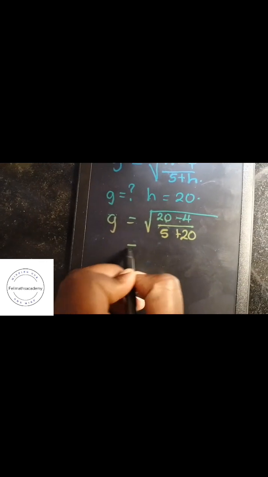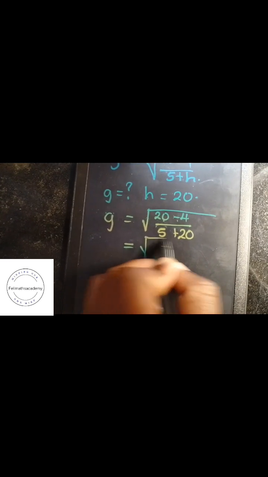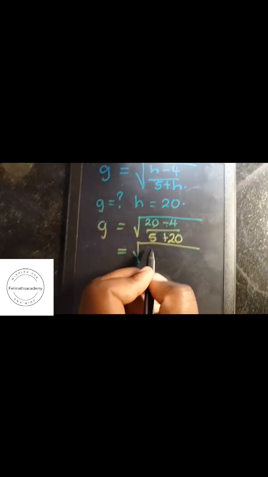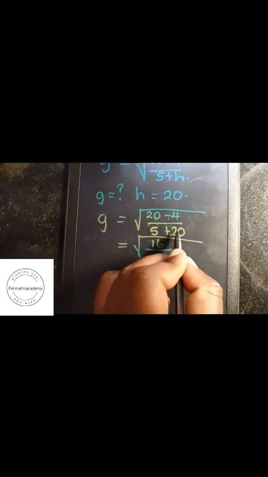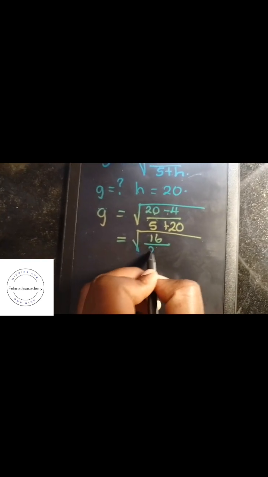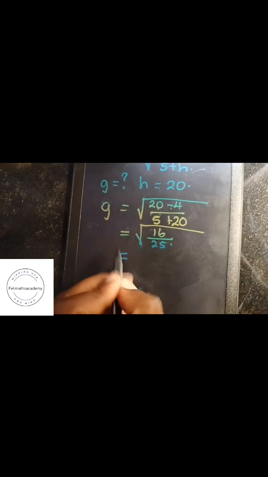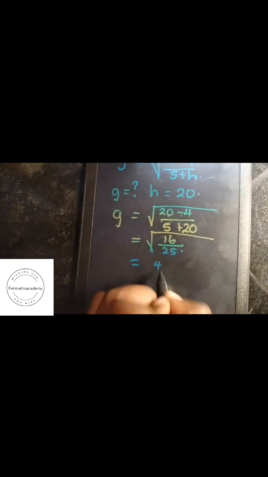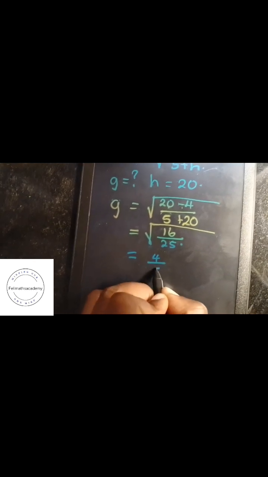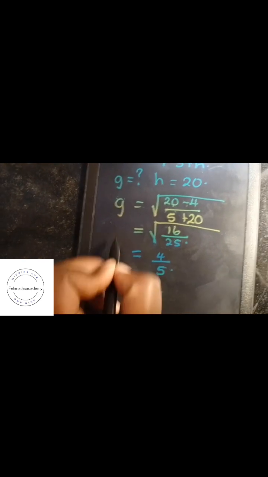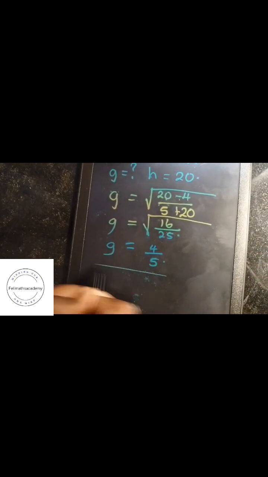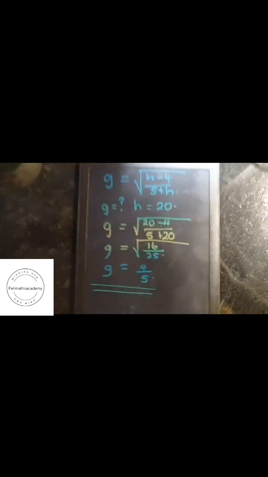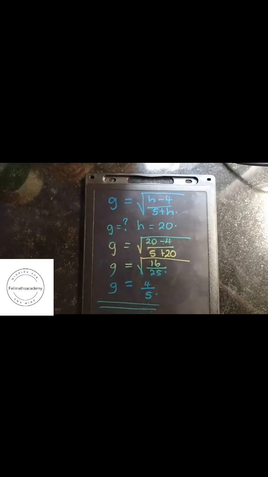Then we simplify. That's the square root of 20 minus 4, it's 16, over 20 plus 5 is 25. So we find the square root of 16 over 25, or the square root of 16, it's 4, square root of 25, it's 5. So the value of g is equal to 4 over 5 after substitution.